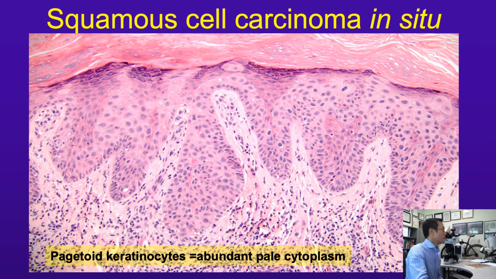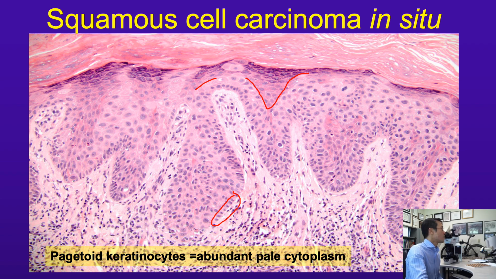Here's a different example of Bowen's disease, showing again the bulbous rete ridges, but also a good example of that pagetoid cytology, the pagetoid keratinocytes that represent the lesional abnormal keratinocytes in Bowen's disease. The cytoplasm is relatively abundant and pale, and you can see some skip areas where there's some sparing of the basal layer, so that's a little focal eyeliner sign that's a clue to Bowen's disease. But if we look up top, we do not have full thickness atypia, and we can even draw a line in the mid portion of the epidermis in some areas of the lesion, resembling the line that you can draw consistently in actinic keratosis.